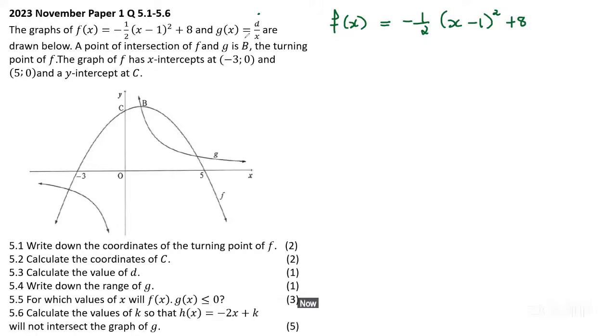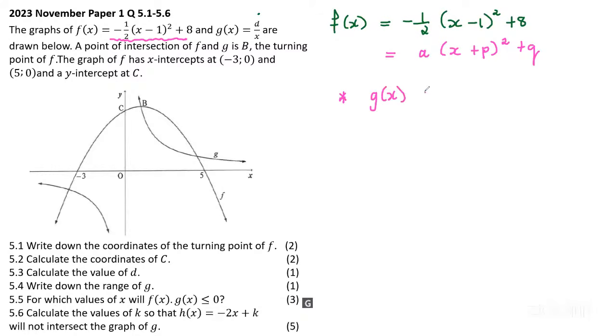Now, I did say that merely by looking at an equation, you must be able to tell what function it represents. f of x is a parabola written in the turning point format, a(x plus p) squared plus q. So this is the turning point format. That's f of x.